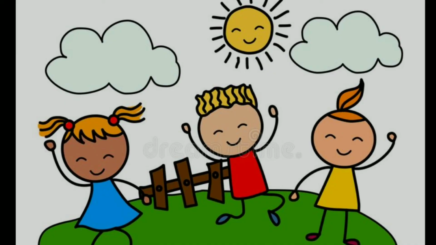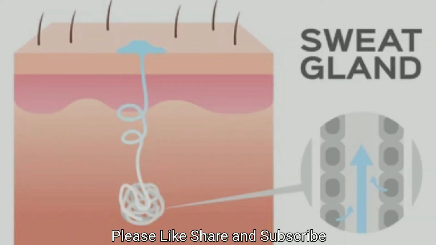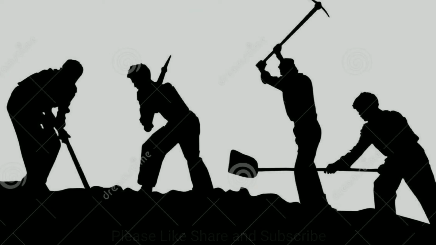When we walk or play in the sun, we get tired, but at the same time, our skin becomes wet. This is because of sweat. In the skin, there are glands which secrete sweat. They are called sweat glands.